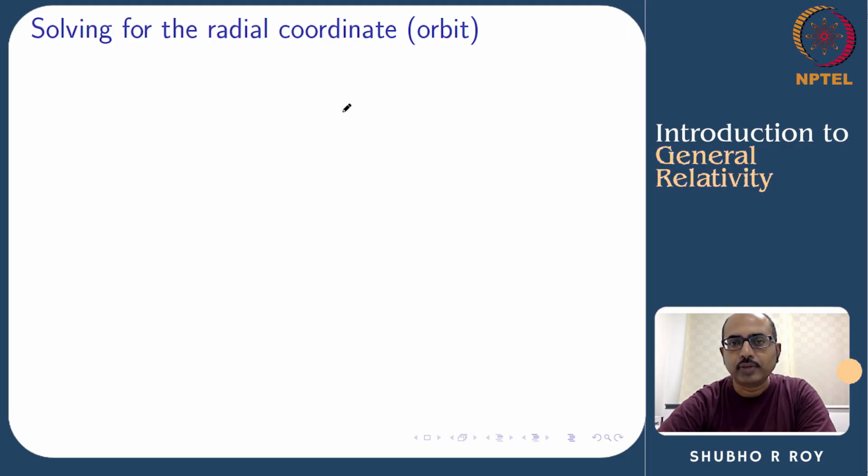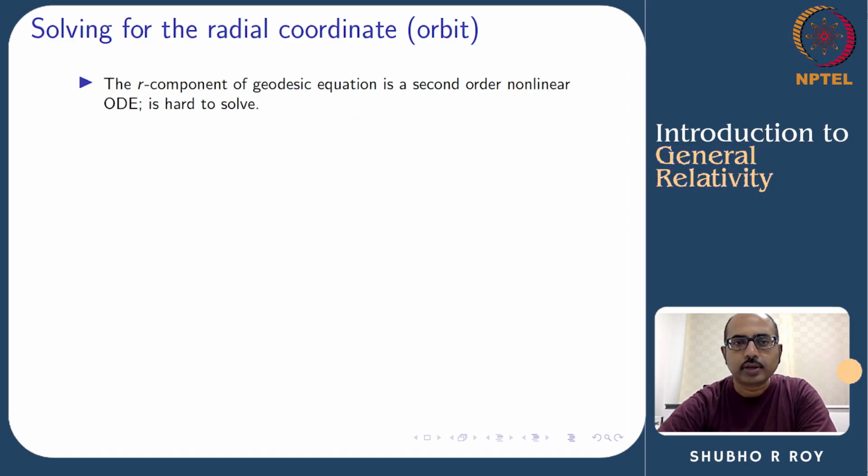Remember, the orbit is given by r as a function of phi. Okay, the shape of the orbit. So let's look at the orbit. And in general, if you try to work with the r component of the geodesic equation, it is a complicated second order nonlinear ODE, and it's hard to solve.